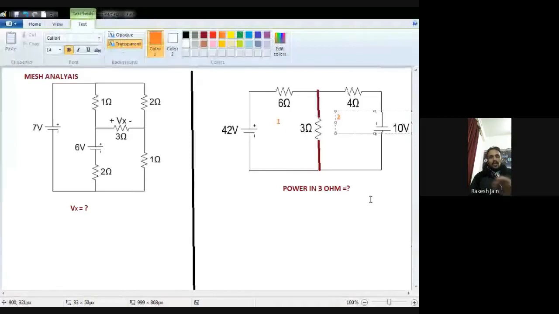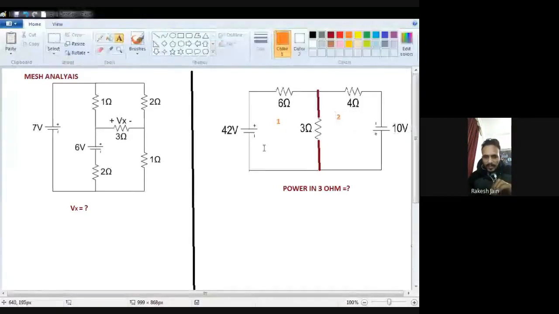Once you determine how many closed paths there are in any circuit, draw a direction of current, similar in each closed path, in each mesh, and mention the name of each current: I1, I2 and I3. But keep in mind, we should use the same direction of current, either clockwise in all the meshes or anti-clockwise in all the meshes.